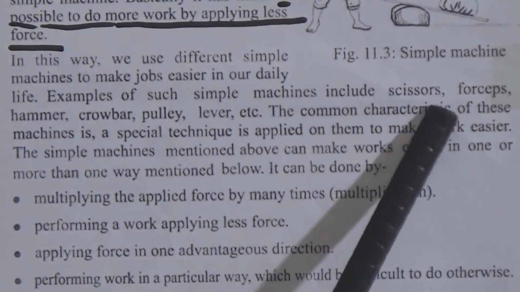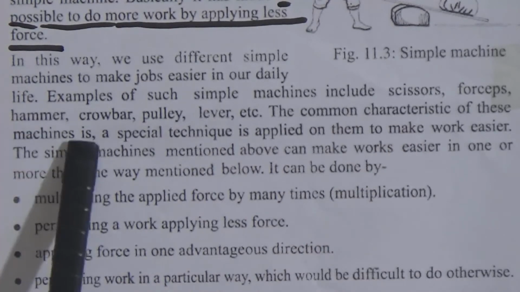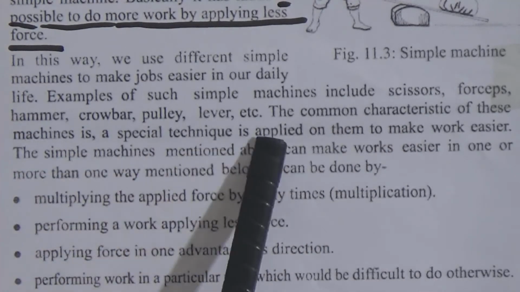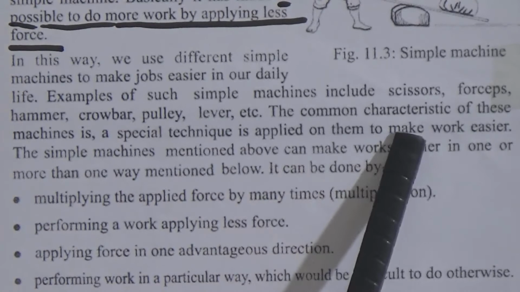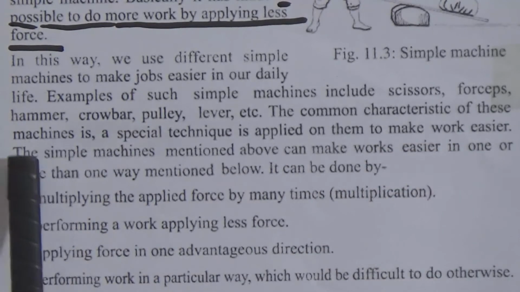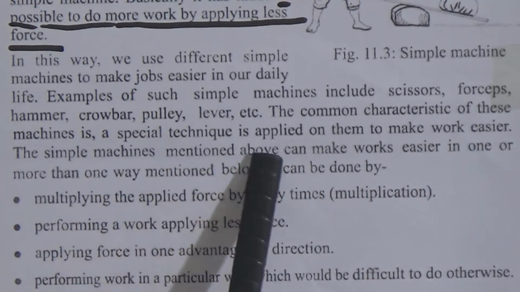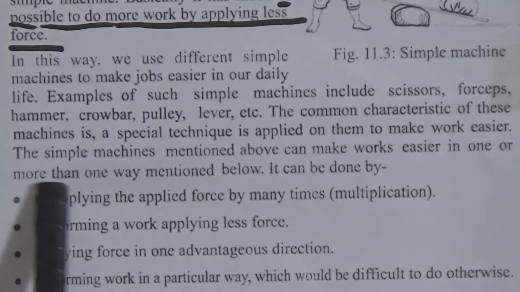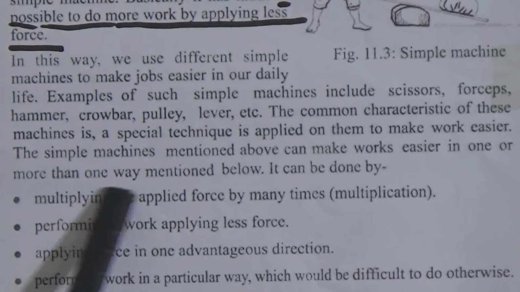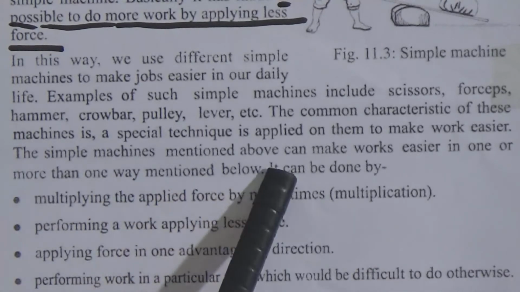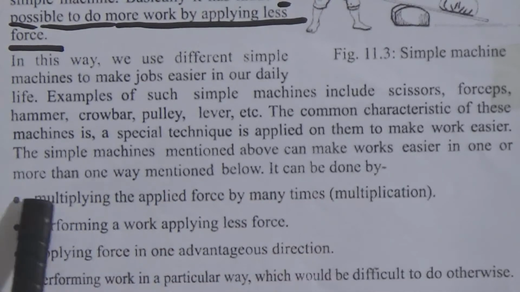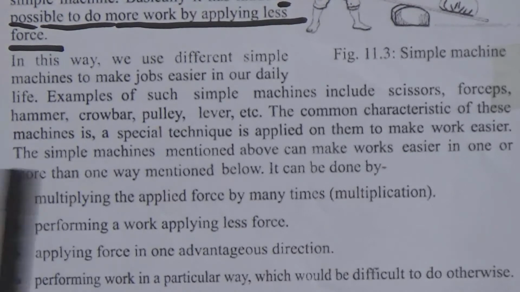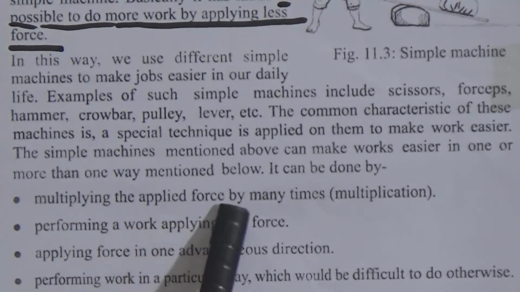The common characteristic of these machines is that a special technique is applied on them to make work easier. The simple machines mentioned above can make work easier in one or more than one way mentioned below. First point, multiplying the applied force by many times.